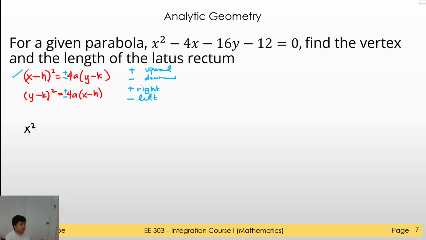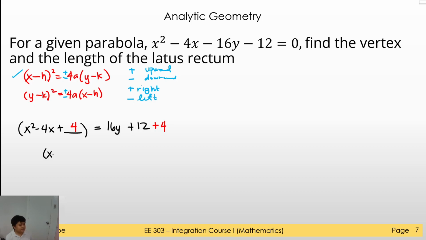So we have x squared minus 4x, no? And then we want to make this a complete square, so we have to add a blank here for now, and then equals, so this will be positive 16y and then positive 12. Okay, so to make this a complete square, we should add here 4.